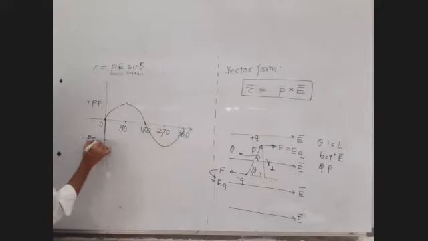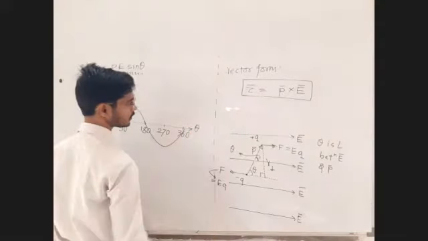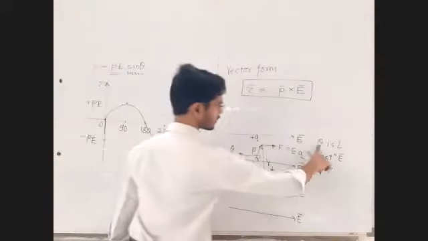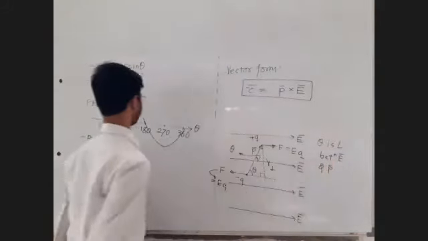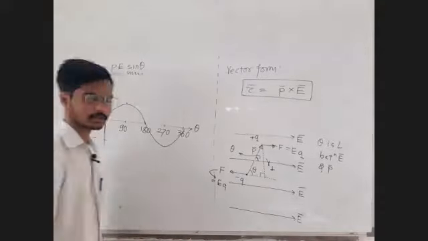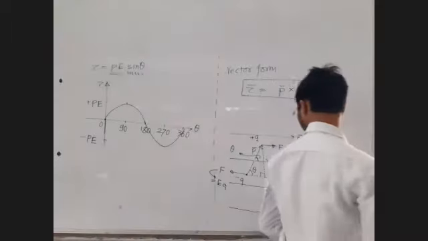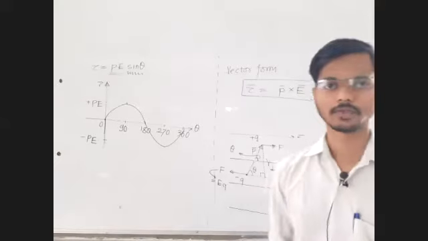In this way you can have the graph of torque versus the angle between P bar and E bar. Theta is the angle between dipole moment and electric field. That's it. Reply in the chat box up to this, clear and written. Simple.